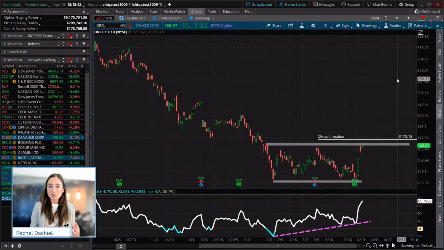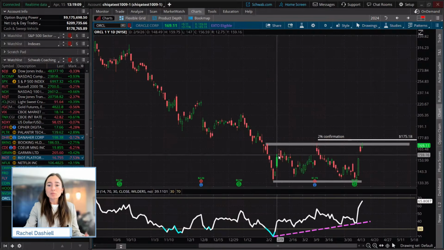But we don't necessarily want to go bottom fishing until we see that confirmation of a possible reversal, because sometimes price takes a little bit of time, sometimes a lot of time, to craft this bottoming formation and really wait for that repair to be underway and constructive with a breakout back to the upside.